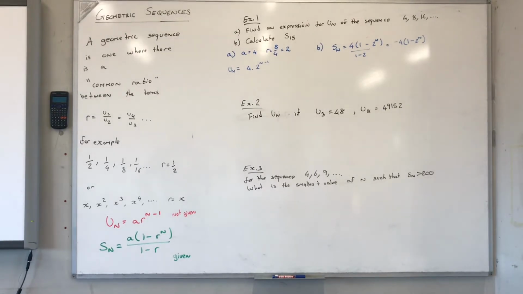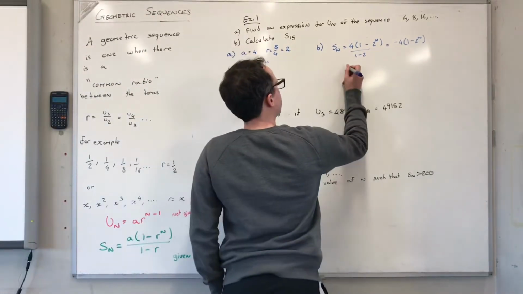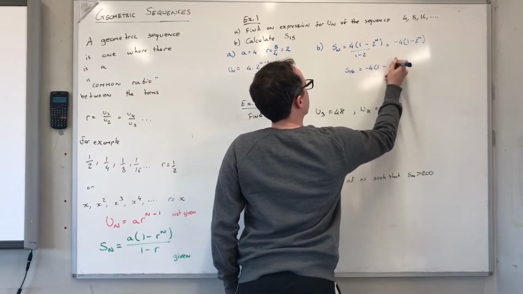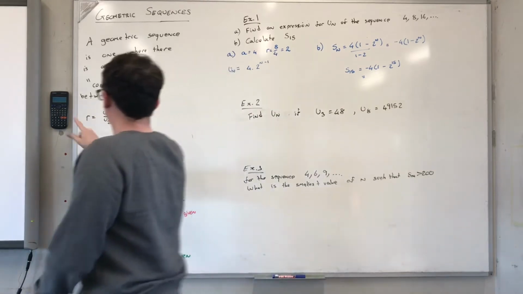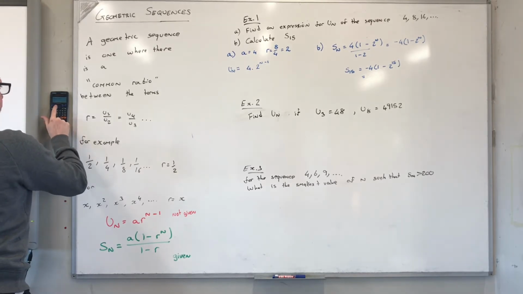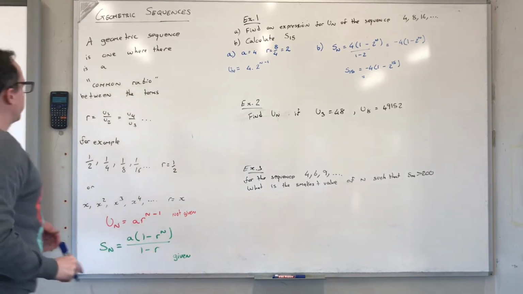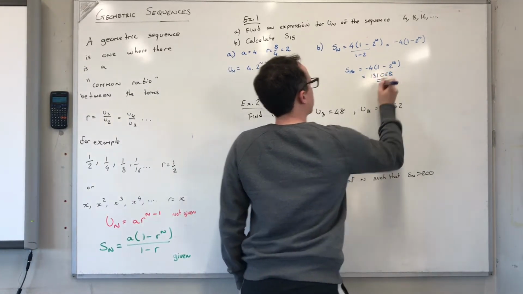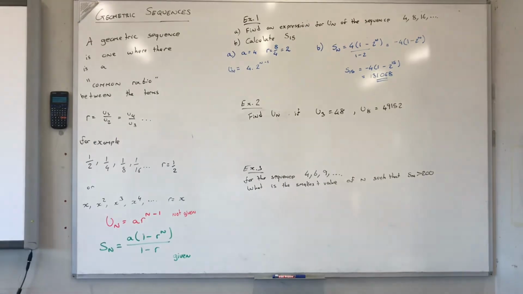So it becomes -4 times 1 minus 2 to the power of n, and now all we need to do is sub in 15. So it comes out as 131,068.